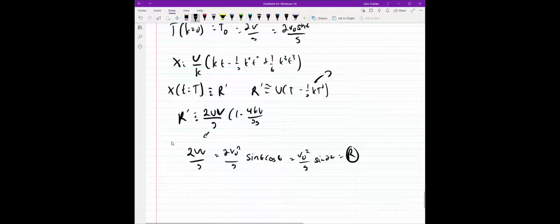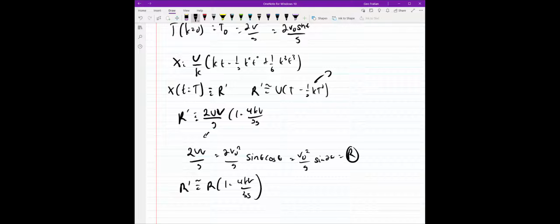Since we know that 2uv over g is equal to that, then we know our new prime range equation is equal to our original range times 1 minus 4kv over 3g, and that's our perturbation. Well, that's the analysis of our perturbation. That's how our drag force, or I guess retarding force, affects it.